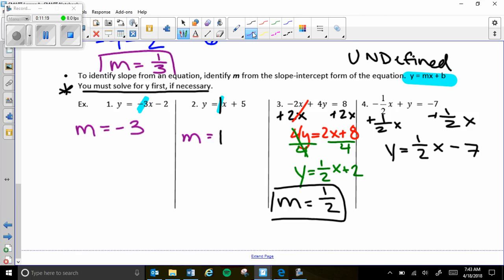So again, in this problem now, is y solved for? Yes. What's the number in front of x? Again, it's 1/2 in this problem. If you have questions before moving on, please pause your video and get them answered before you move on to the next page.